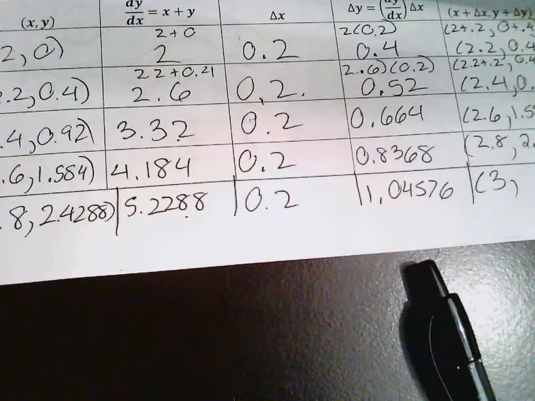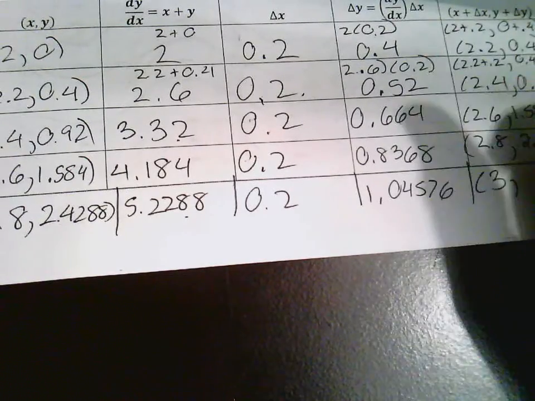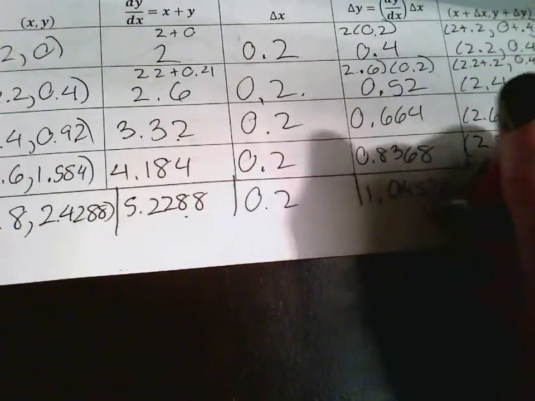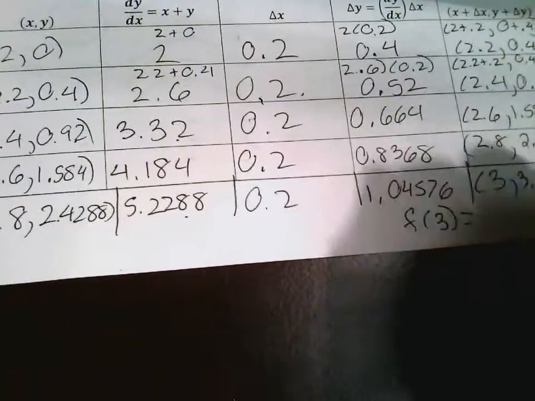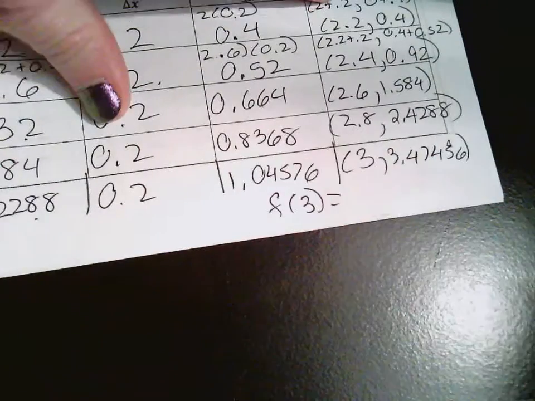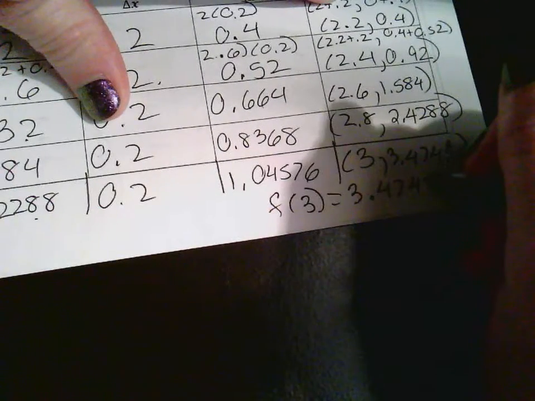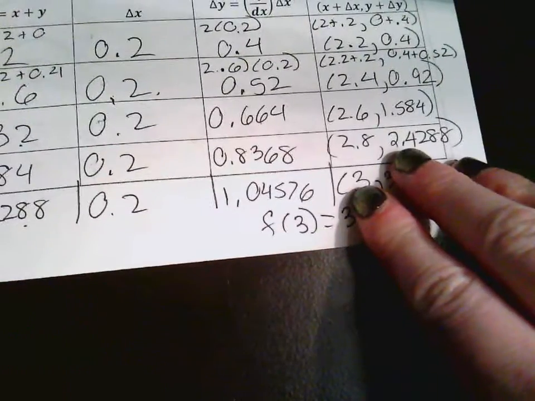And new y is 2.4288 plus 1.04576, which is 3.47456. So f of 3 equals 3.47456. So yeah.